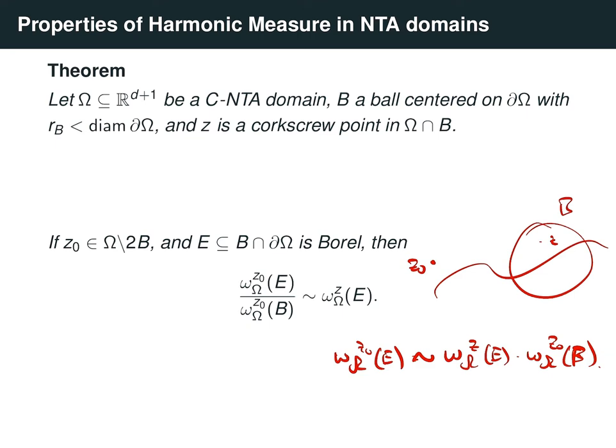So what this is saying is that if we have a set E inside the boundary here, it's almost like saying that the probability of a Brownian motion starting at Z naught first hitting the boundary inside the set E is the same thing as computing the probability that a Brownian motion starting at Z naught first hits somewhere inside the ball B, and then computing the probability that, starting inside the ball B at the corkscrew point Z, the Brownian motion first hits the set E. So this is not at all how it's proved, and it's not exactly accurate, but I see that as a useful mnemonic to remember this rule.